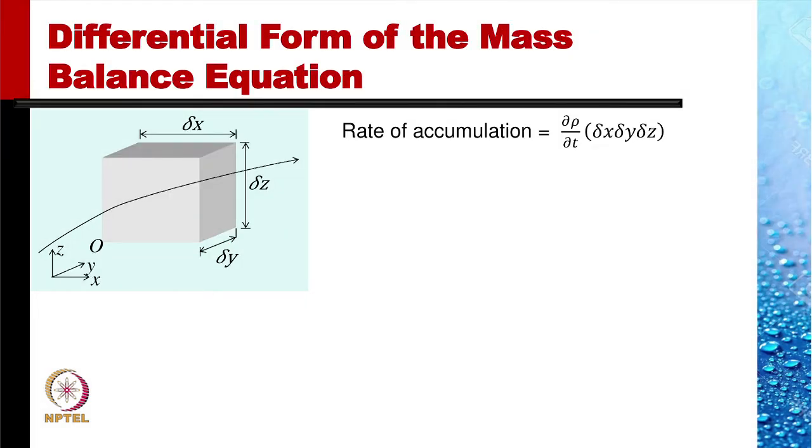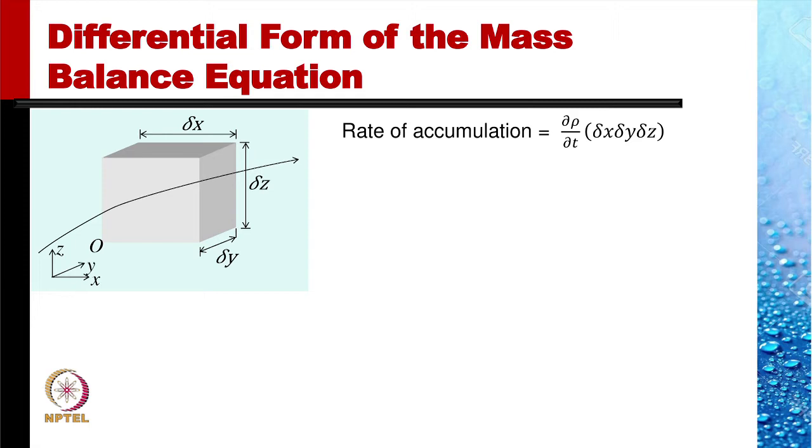The rate of accumulation of mass within this volume would be, the volume is fixed, volume is dx dy dz. So the mass contained within this is rho times dx dy dz.